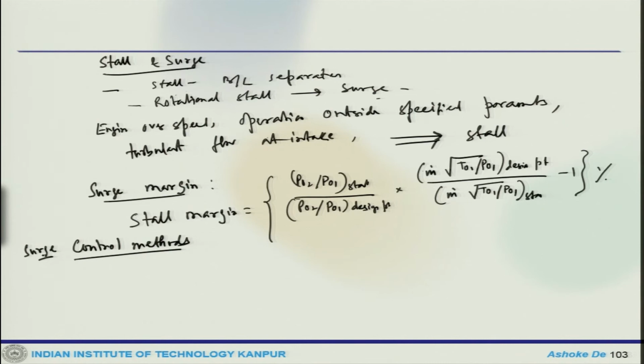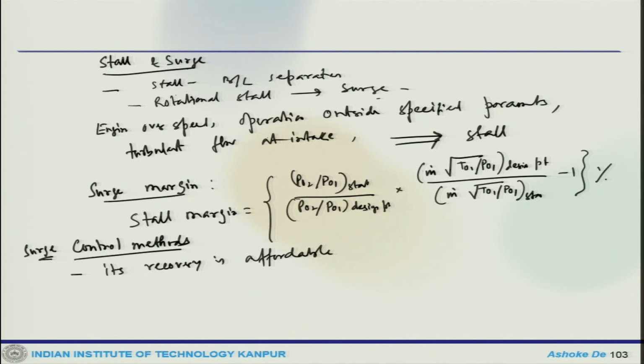Surge is sort of unavoidable, but its recovery is affordable. So, at the same time when we are saying that surge is unavoidable, its recovery is affordable.